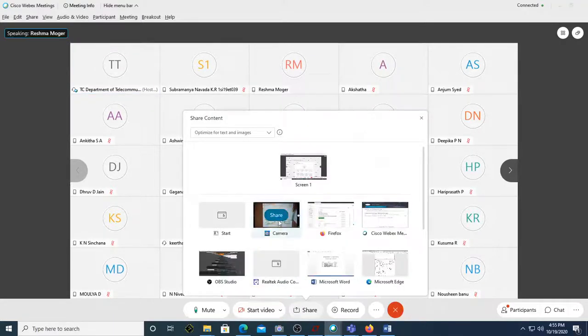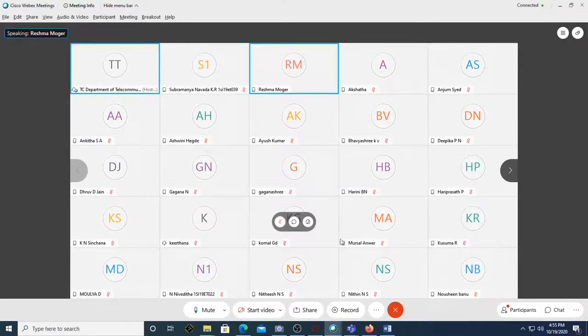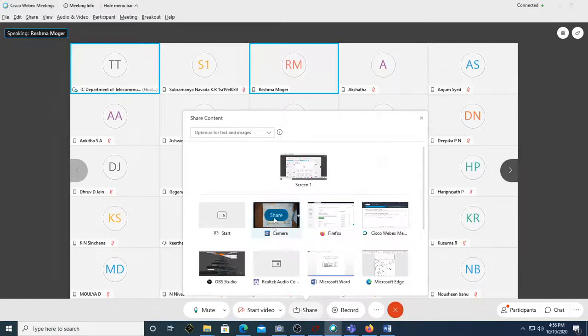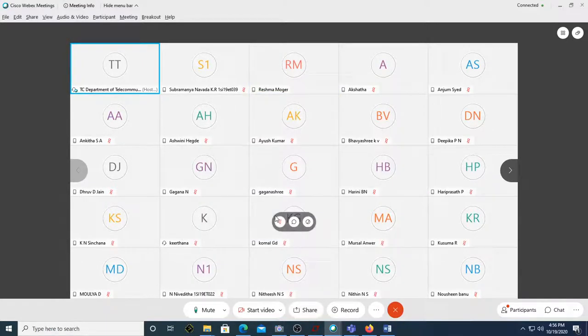Oh, this is not at all sharing. Share the content. I am sharing the camera. Nothing. What is visible now? Reshma, what is visible? Nothing, sir.